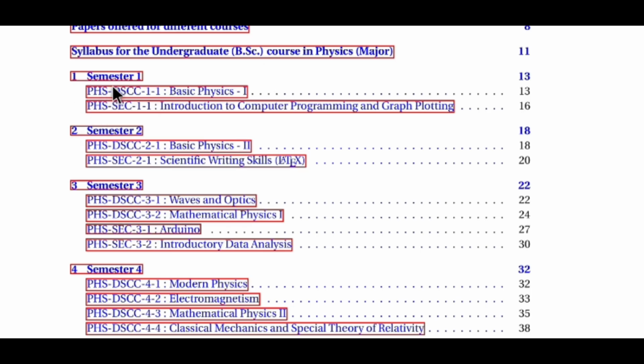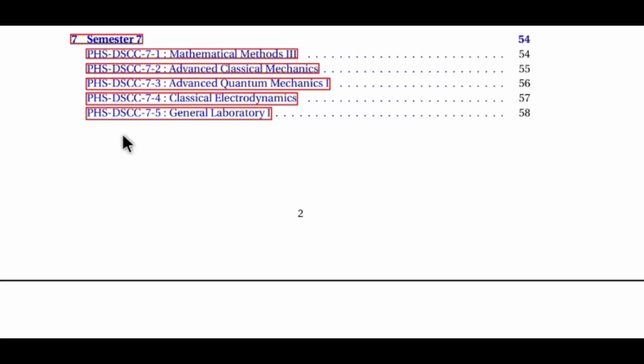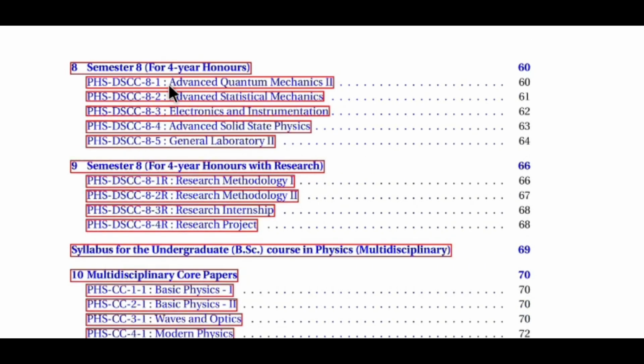If we do the 4-year honors course only, then up to 8 semesters you have to read some core topics with some advanced topics like advanced quantum mechanics, advanced statistical mechanics, and advanced solid state physics.